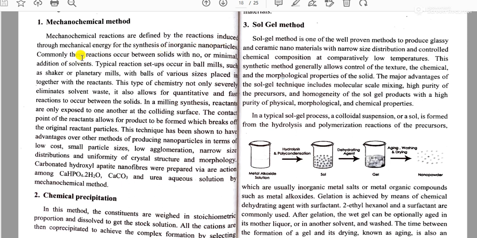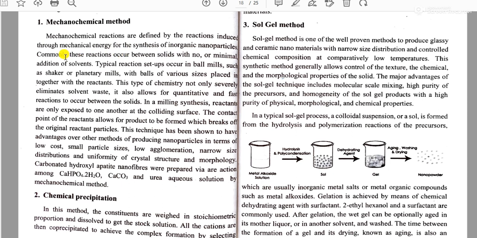Commonly these reactions occur between solids with no or minimal addition of solvents. So the first point is that the mechanochemical method requires mechanical energy, mainly for the synthesis of inorganic nanoparticles.